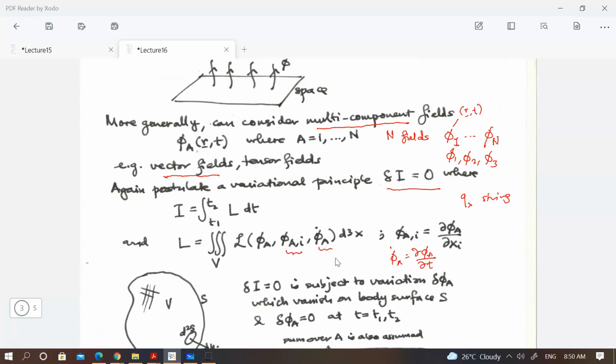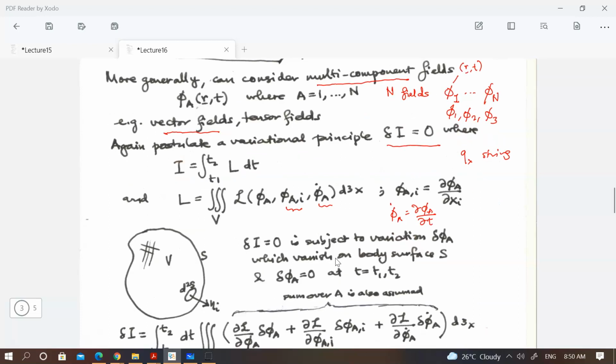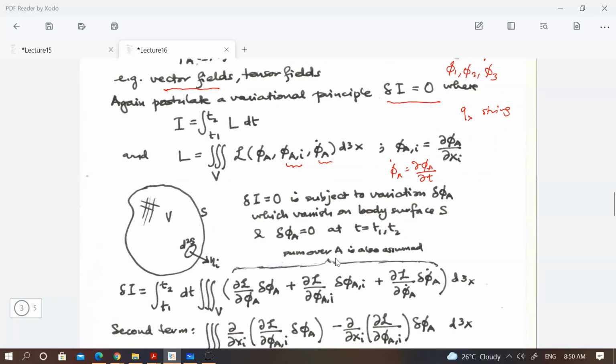And like before, there must be some boundary conditions that one meets. In this particular case, when you make this variation of the action, even though it depends on this, remember we can do a partial integration.